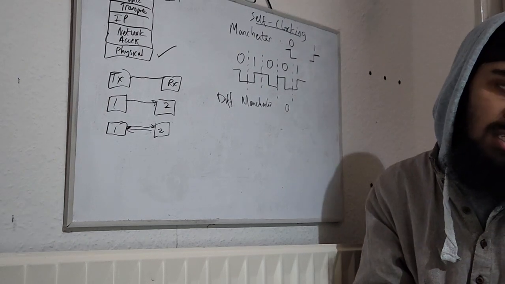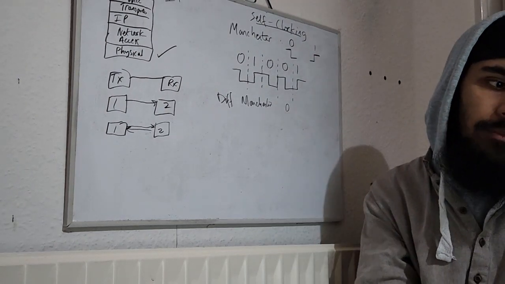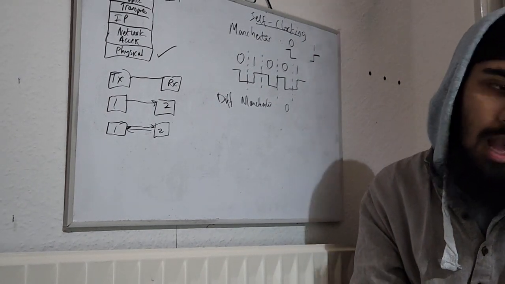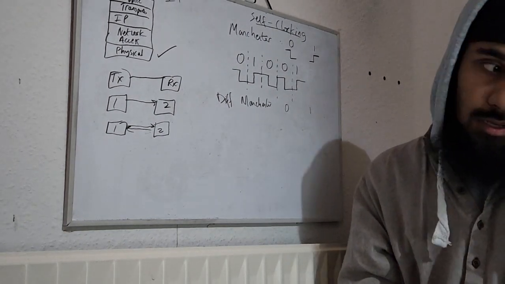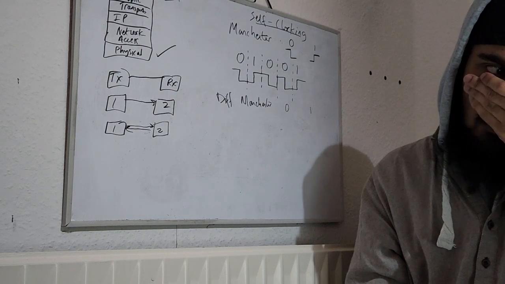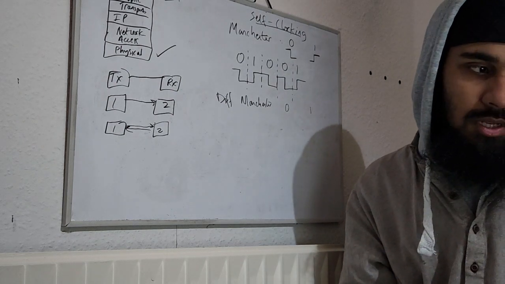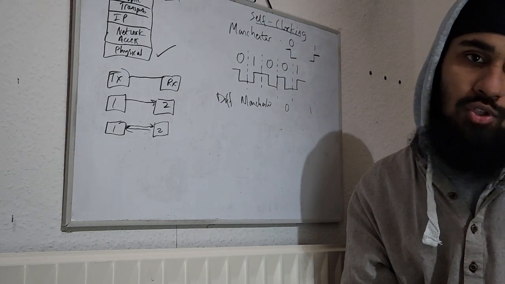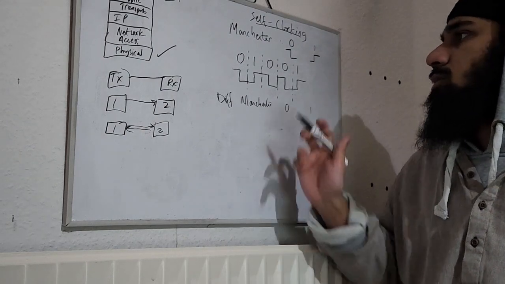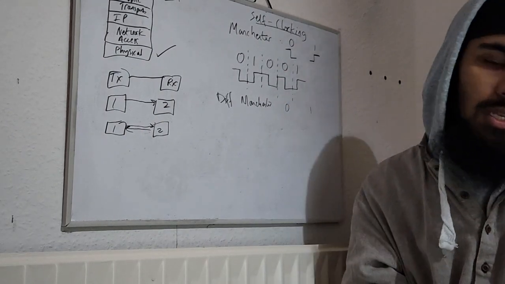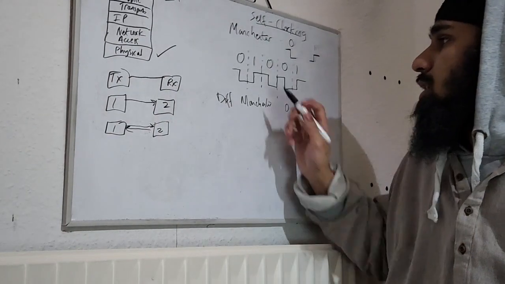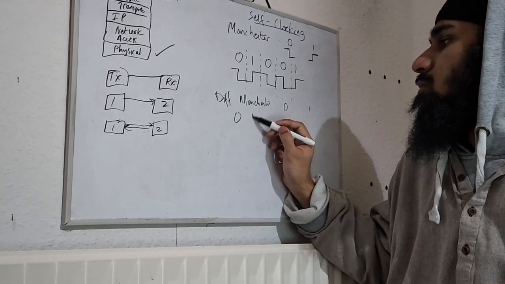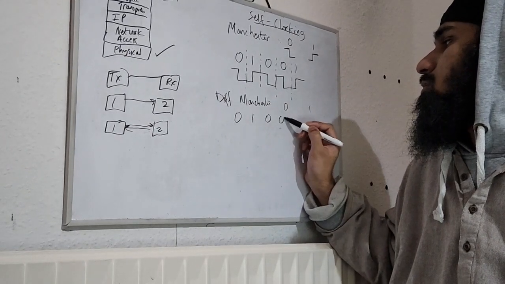How that works is 0 is the transmission at the beginning of the interval, and 1 is the absence of transmission at the beginning of the interval. That is used in LANs as well, like token ring. Let me just show you an example of how this works, and then I can explain it. So you're sending again 0, 1, 0, 0, 1.